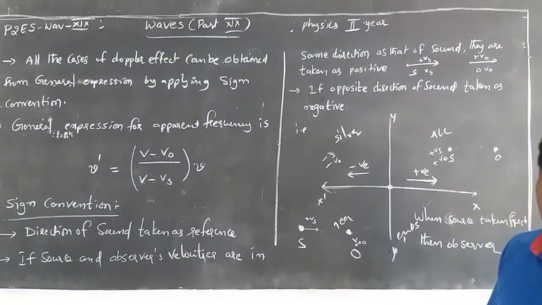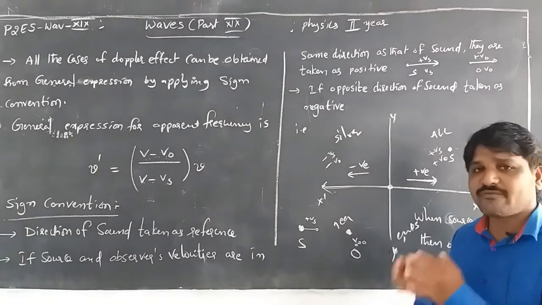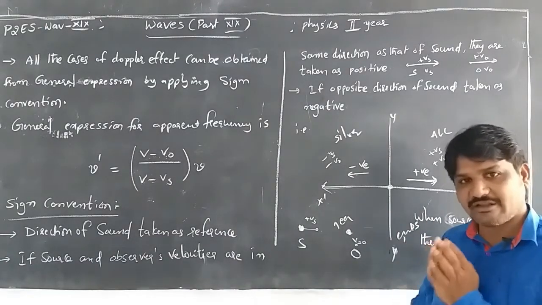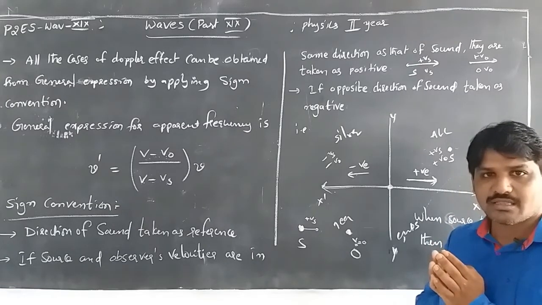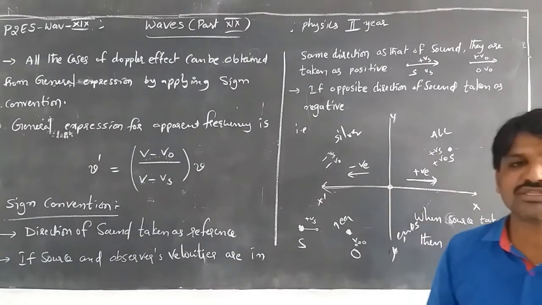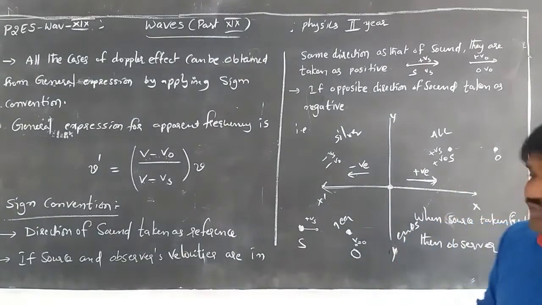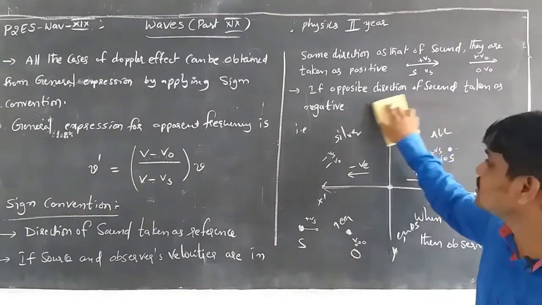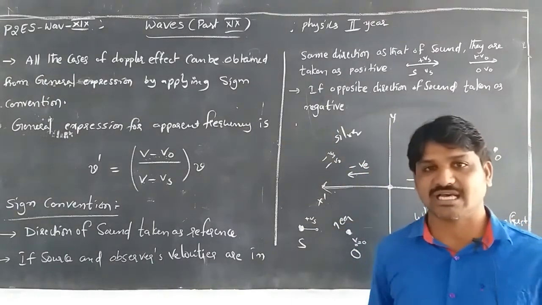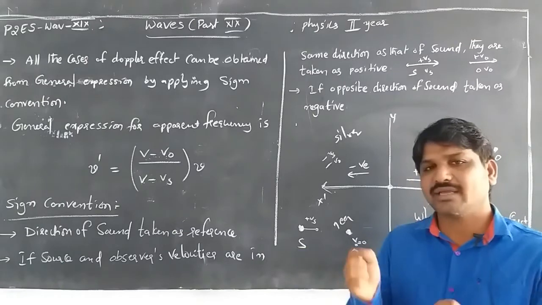Here is one of the tricks: if we take the direction of sound as a reference, then we can easily find the values for whichever direction it is. So we should first take the direction of sound as the reference.